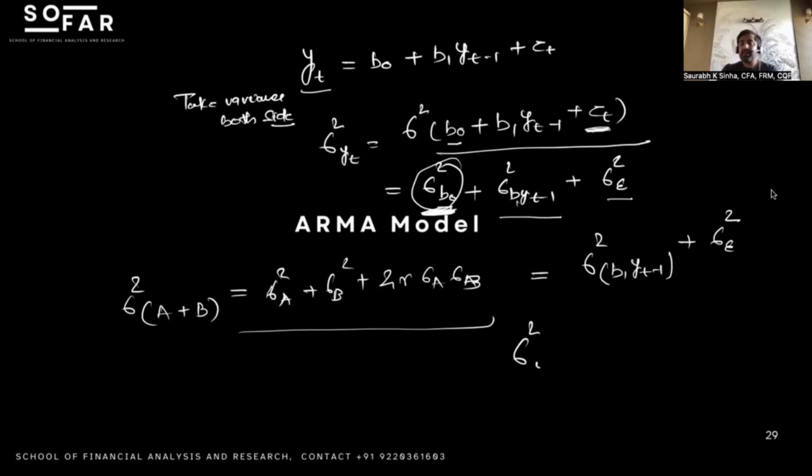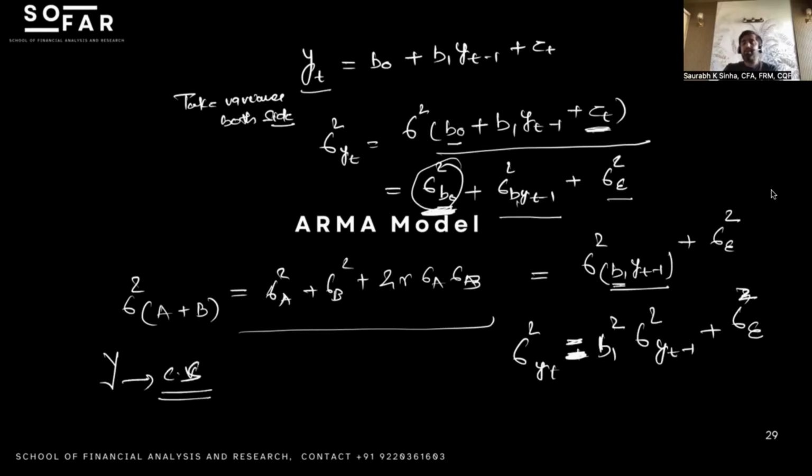In the left hand side, we have variance of YT. B1 is again a constant. And we know that when a constant comes out of the variance, it will become square. So B1 is square. So variance of YT is equal to B1 square into the variance of YT minus 1 plus variance of error term. What is the property of Y if it is covariance stationary?